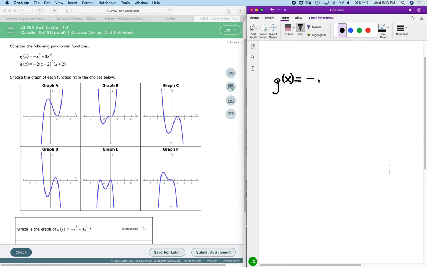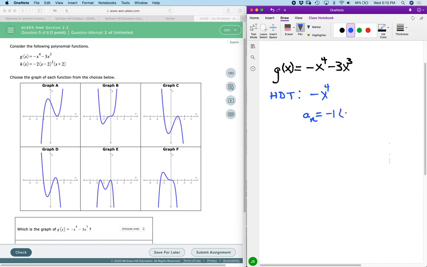First of all, let's say for g of x, we have g of x is equal to -x to the 4th minus 3x cubed. Now for the highest degree term, let's say we have h dt, highest degree term, so we have -x to the 4th. In this case, the leading coefficient a of n is equal to -1.